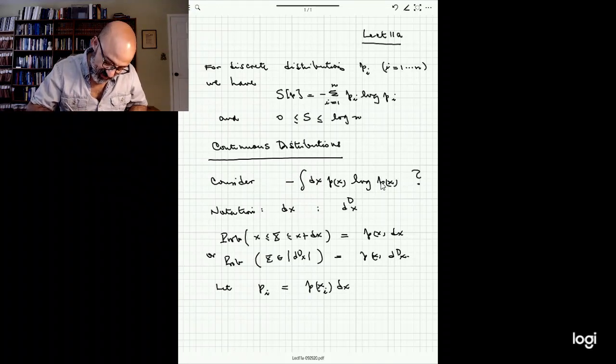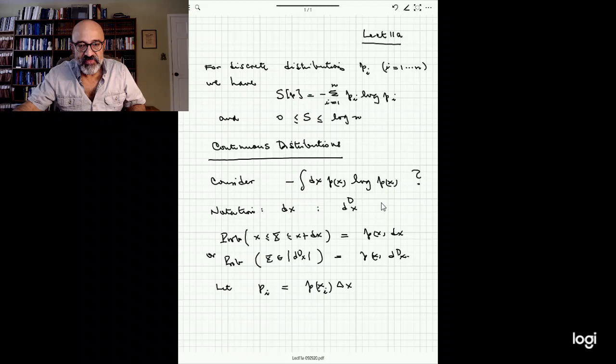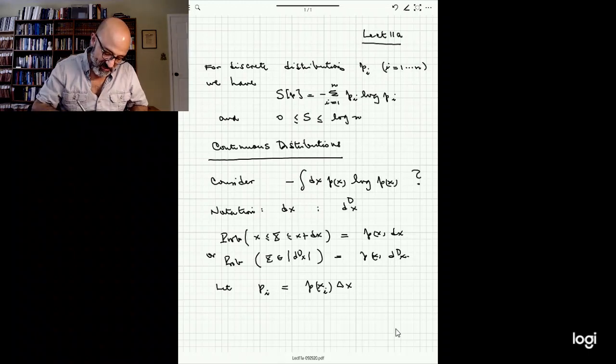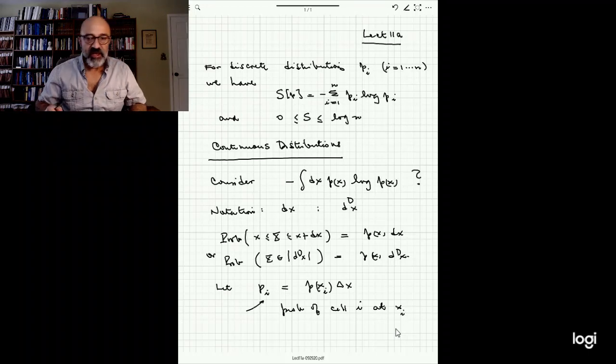Maybe I should use a capital delta just to make sure. I have this space, I have a probability density, like here. I'm going to discretize it into cells i, and so each cell i has a certain amount of probability, and so this is the probability of a cell i at the position x_i.